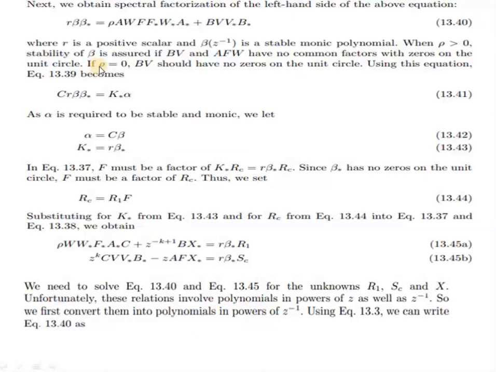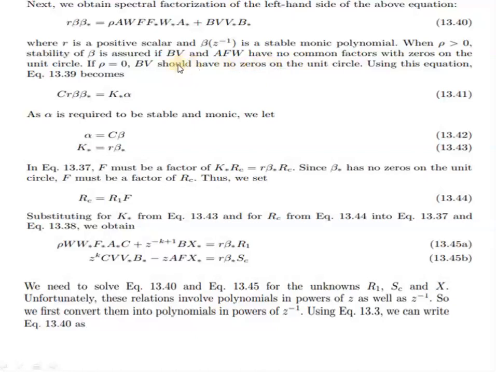And if zeta equals 0, then the B into V polynomial should have no zero on the unit circle. At that time, if the polynomials A, F and W have zeros on the unit circle, there is no problem, but B into V should have no zero on the unit circle.